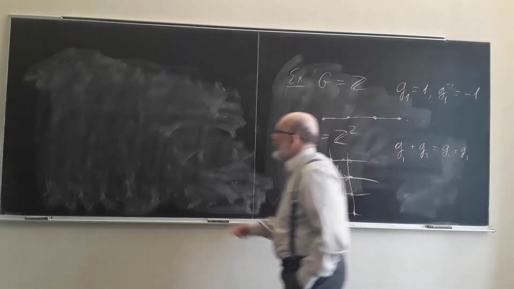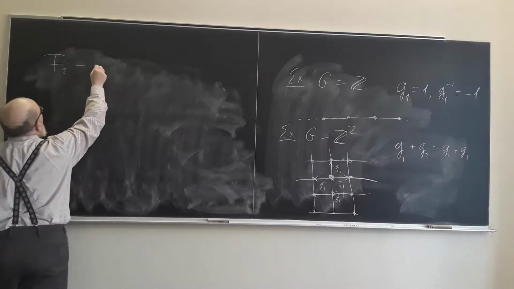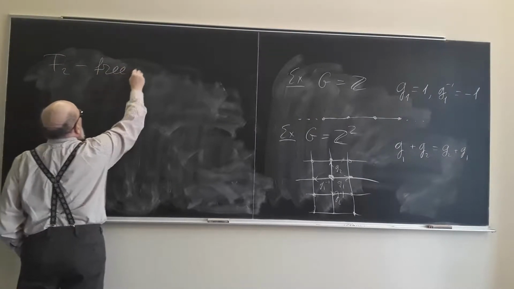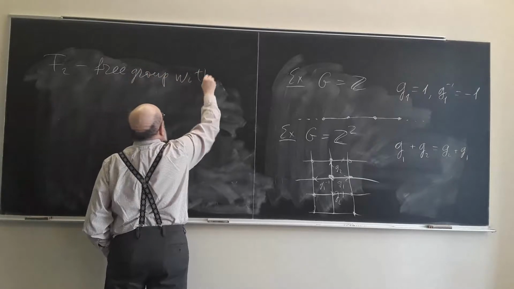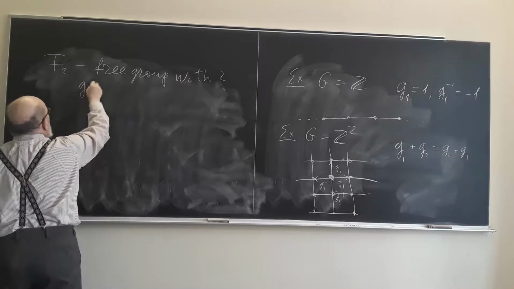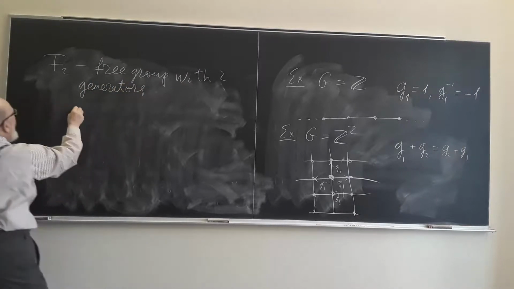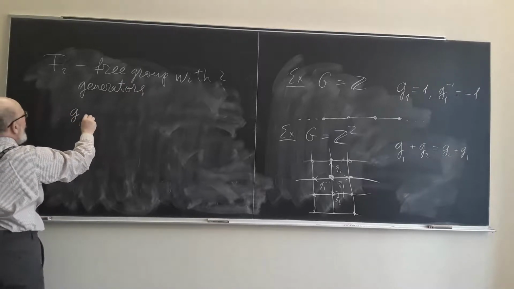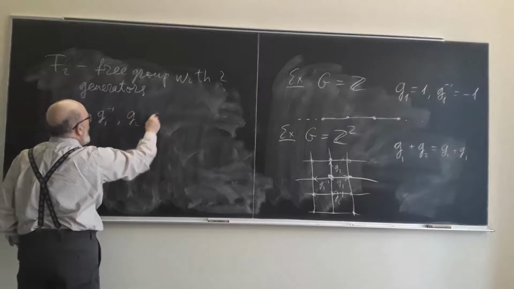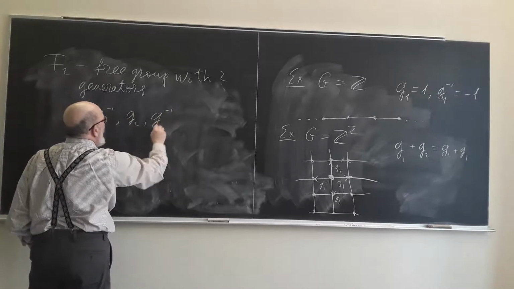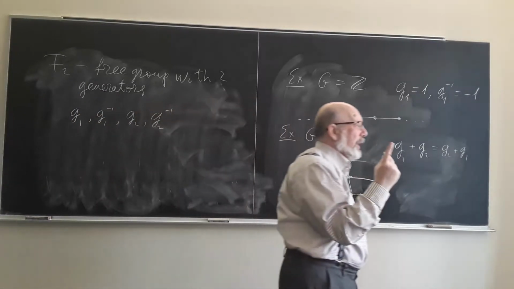Let's consider F2. It is a free group with two generators. So we have g1, g1 minus 1, g2, g2 minus 1. In fact, we have two pairs of generators.